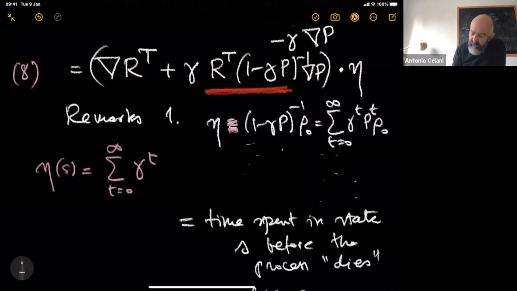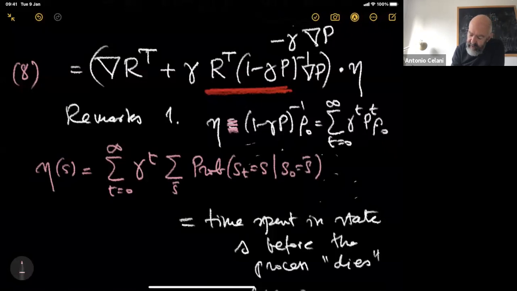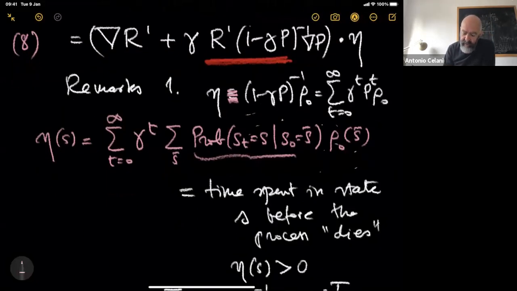Then I have to take the components of this matrix p to the power t, so I have to sum over S bar of the probabilities that S_t is equal to S, given that S_0 is equal to S bar, times rho naught of S bar. Okay, so this sum over S bar is the matrix product. And this object, you will remember from above, is just p to the power t, components S, S bar.